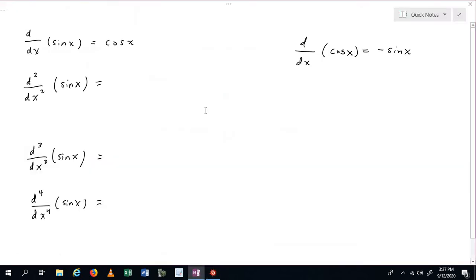Okay, so what we want to do here is find the second derivative of sine of x. We know the first derivative of sine of x is cosine of x. So let's find the second derivative of sine of x, which of course just means we have to take the derivative of sine of x twice.